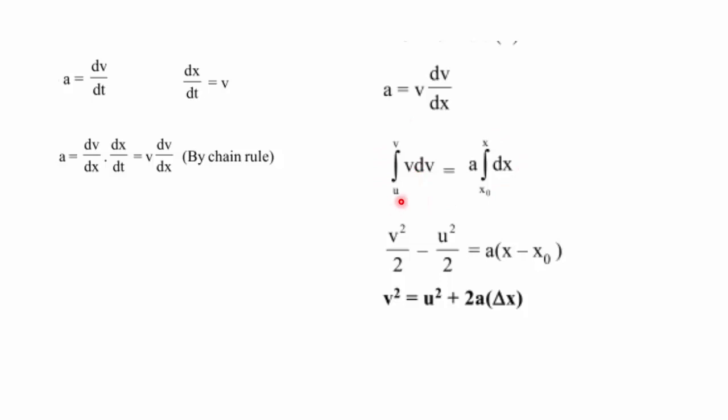I integrate the velocity from the lower limit, the initial velocity u, to the final velocity v, and I integrate the position from the initial position x0 to the final position x. If I integrate, I get v square minus u square equal to 2a del x, where del x represents displacement, a is acceleration, u is the initial velocity, and v is the final velocity.